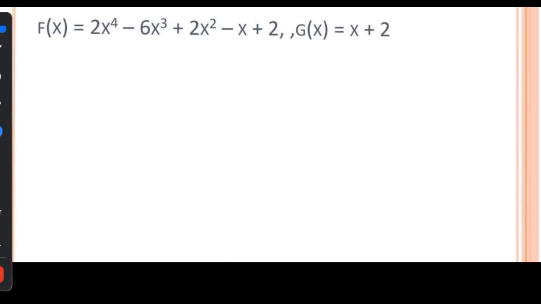So this is the next question. Try solving. Fx equals to 2x to the power of 4 minus 6x to the power of 3 plus 2x square minus x plus 2, and gx equals to x plus 2. So verify if it is divisible by gx. Let us solve it.